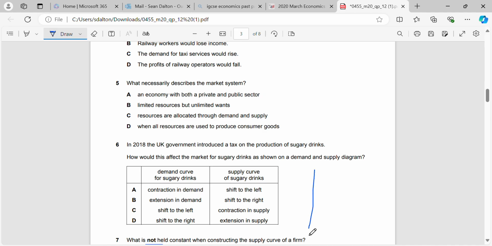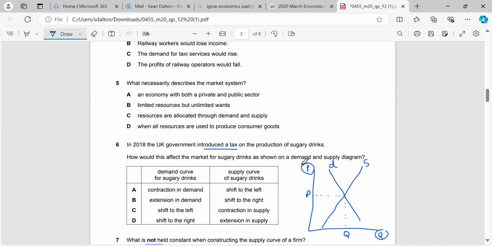Okay, so we'll just draw it. Okay, so when we have a tax, remember, what does a tax do?